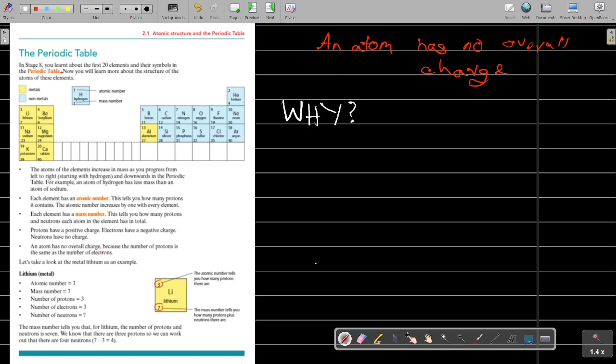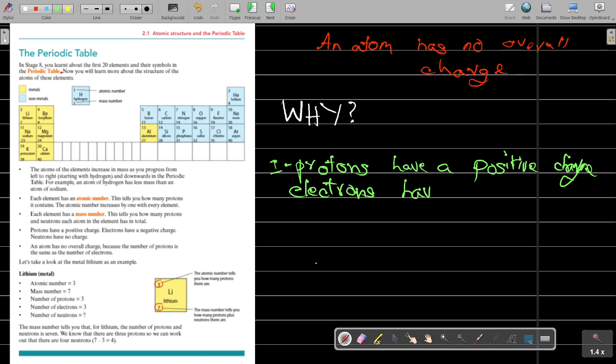Because you should explain like this: lithium has 3 electrons because protons have a positive charge, electrons have a negative charge, and neutrons have no charge.